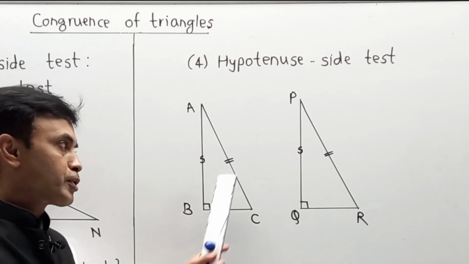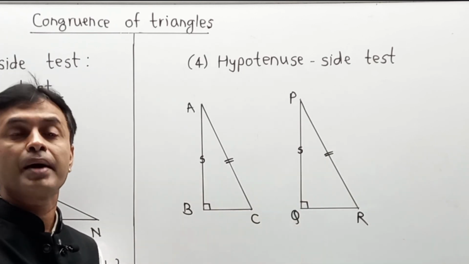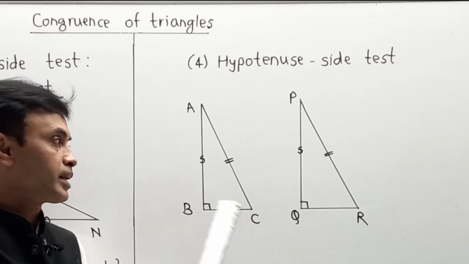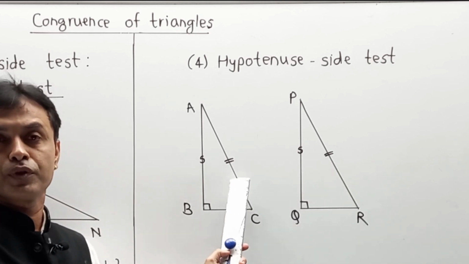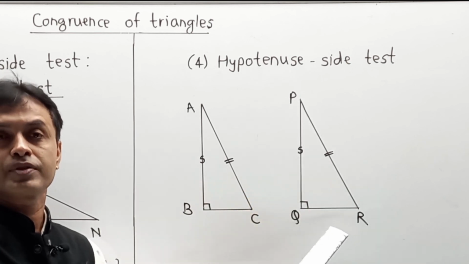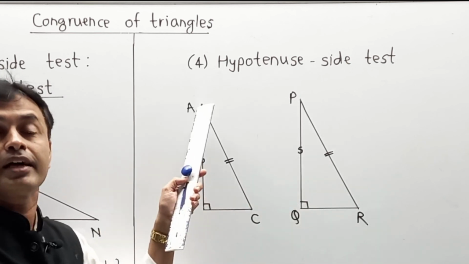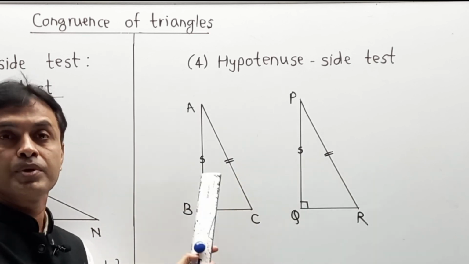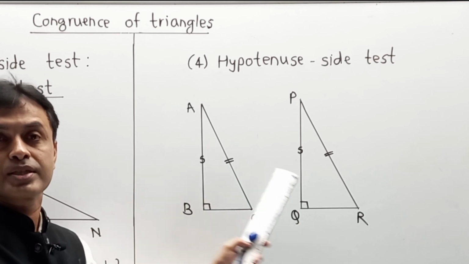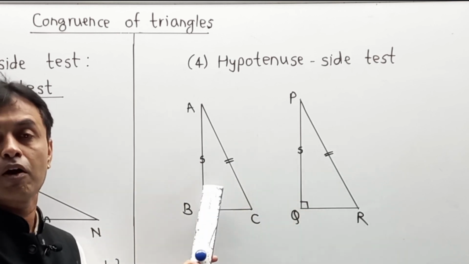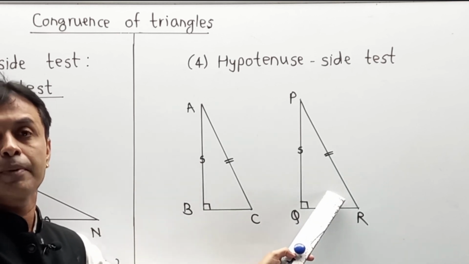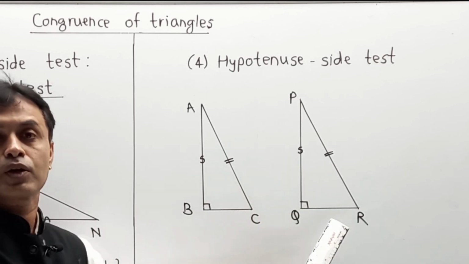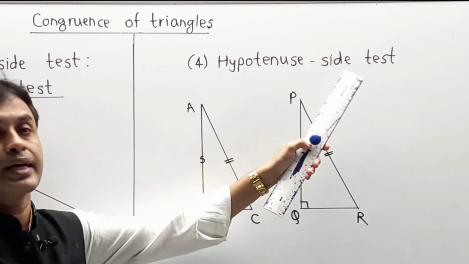Here the side opposite to 90 degrees, the hypotenuse, is mandatory. The hypotenuse of the first triangle is congruent with the hypotenuse of the second triangle, and any one side, like AB congruent to PQ, means one hypotenuse and one side of the first triangle must be congruent with the hypotenuse and side of the second triangle. Then it is said that these two triangles are congruent by the hypotenuse side test.